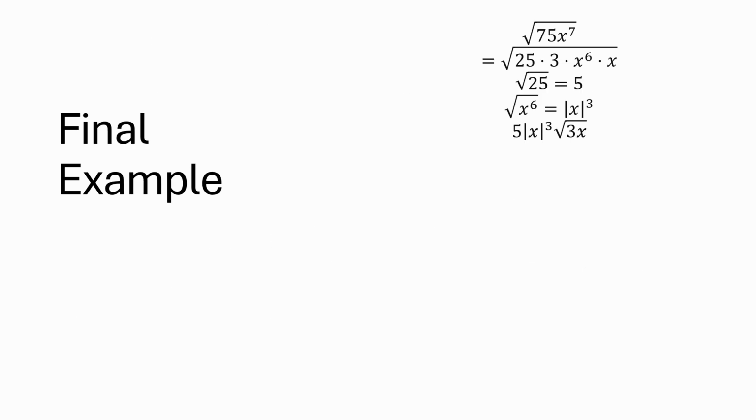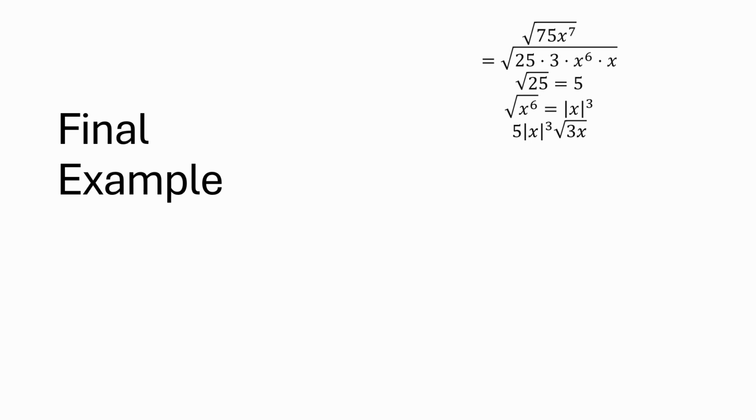This is the final example. This is going to be a little challenging, but we're going to get over it and it'll be easy for us. The square root of 75x to the power of 7 is equal to the square root of 25 times 3 times x to the power of 6 times x. Now let's simplify it even further. The square root of 25 equals 5.